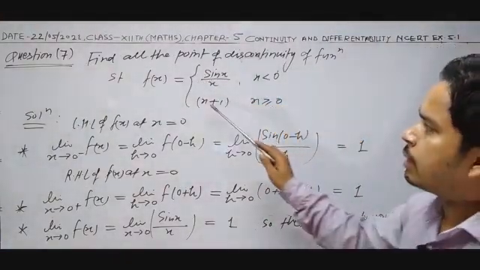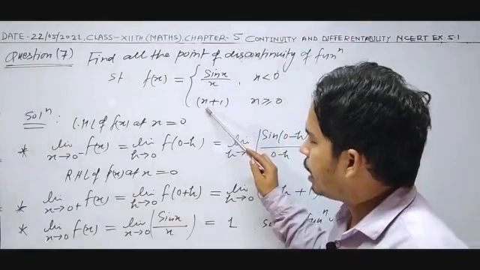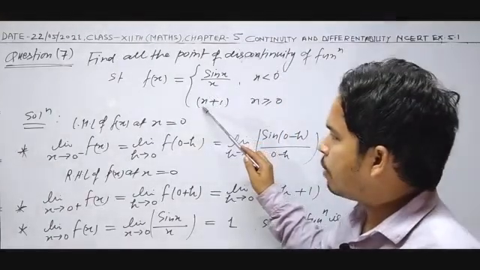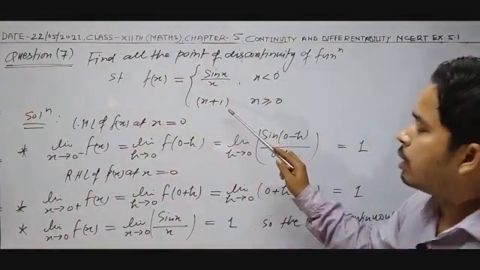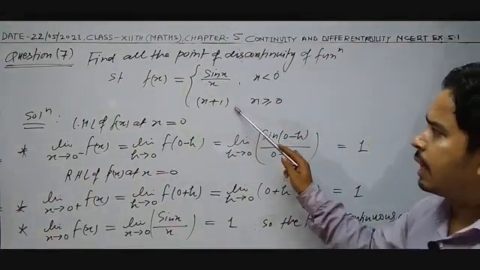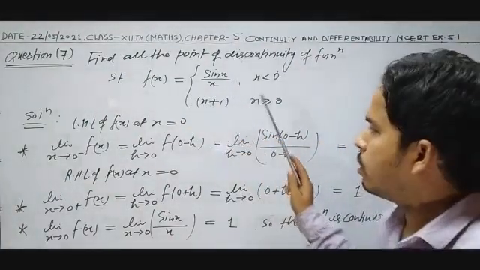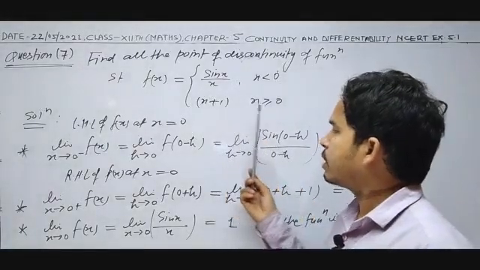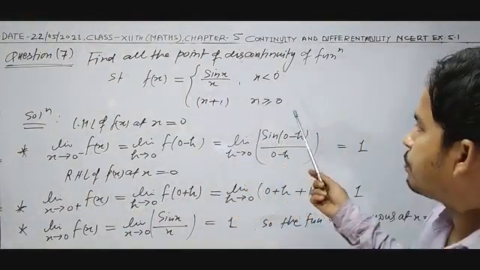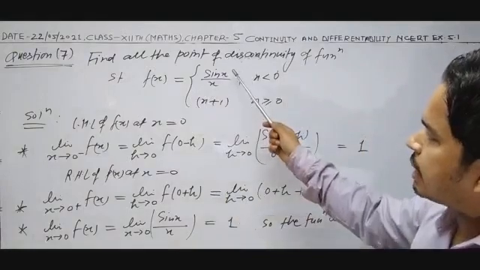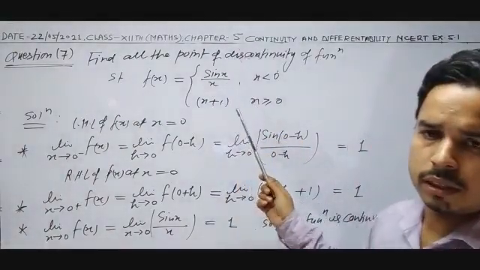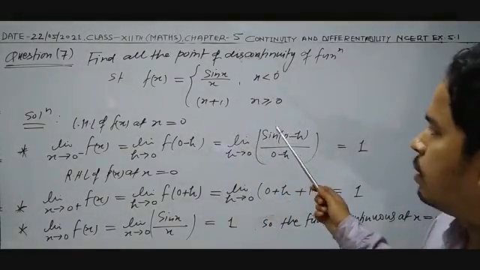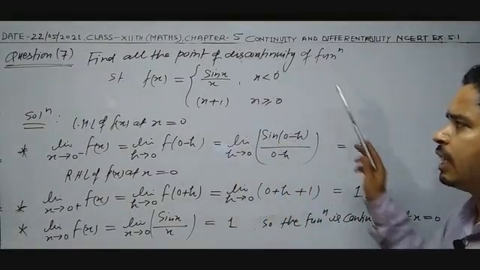Similarly, x is a polynomial, and a polynomial is continuous everywhere. If you add any constant, it will still be a polynomial, so a polynomial function is continuous everywhere. So sin x upon x is continuous, and x plus 1 is continuous everywhere. So this function is continuous everywhere.